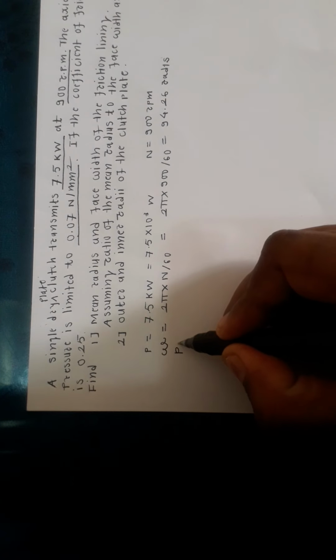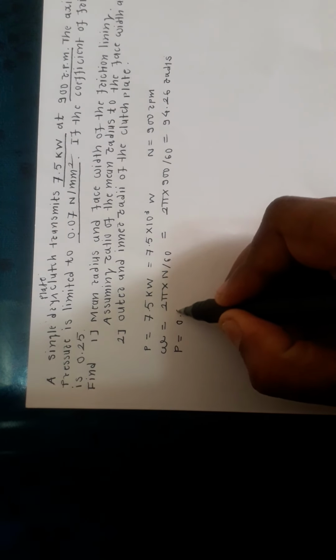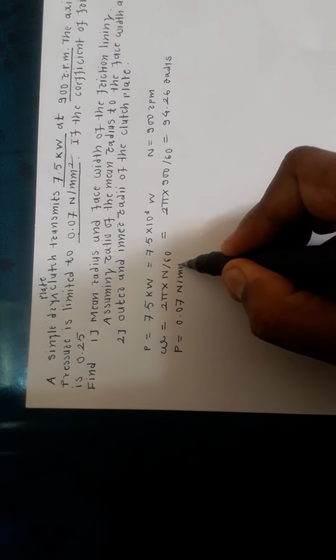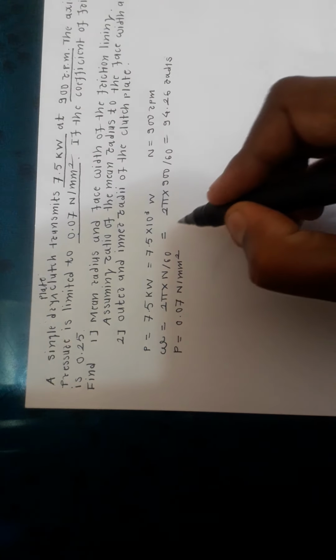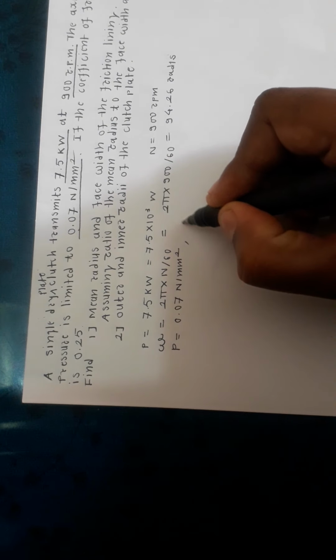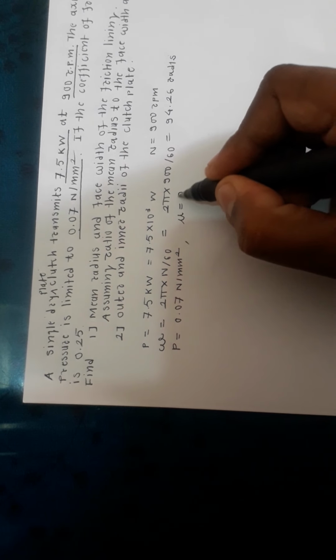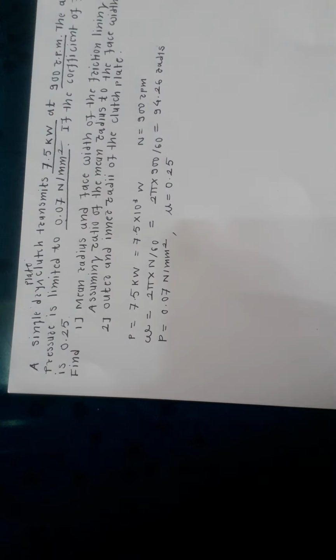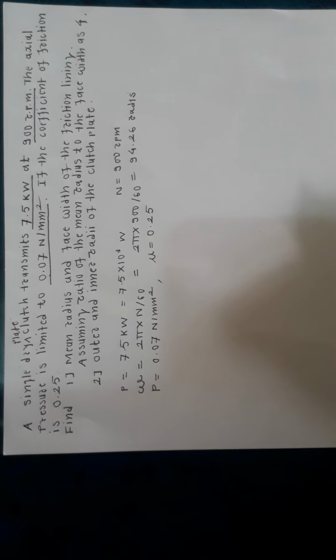The intensity of pressure is 0.07 Newton per millimeter square, and the value of coefficient of friction is 0.25. So these are the given entities, by which we have to move forward.